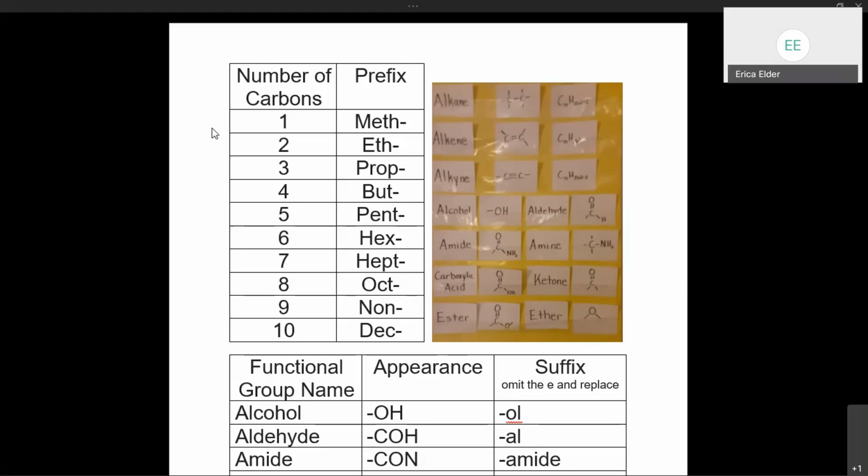So if you see here, each corresponding number of carbons in your chain is going to be indicative of the prefix that you will use. You also will see here the chart used in this first installment where it discussed the name of the functional group, the skeletal structure, just so you have a visual representation.